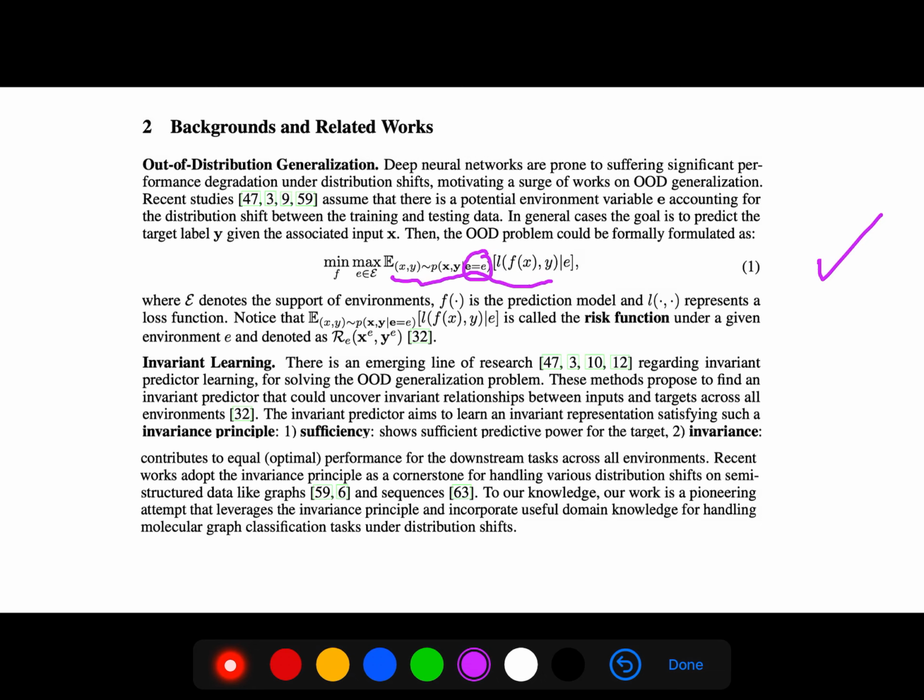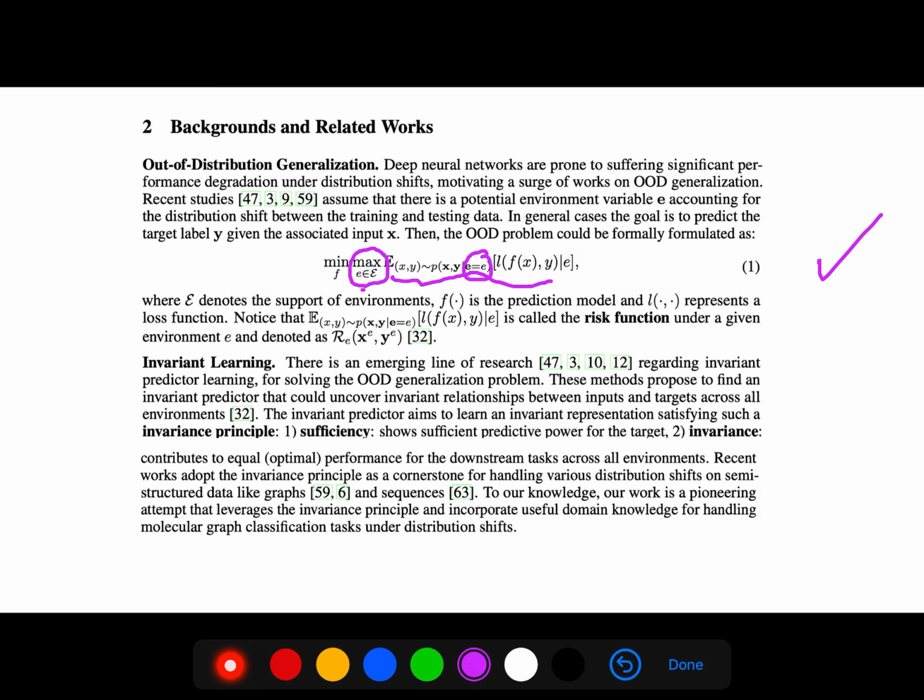So we want to find an invariant predictor that could uncover invariant relationship between inputs and targets across all environments. So the maximization is across all environments.